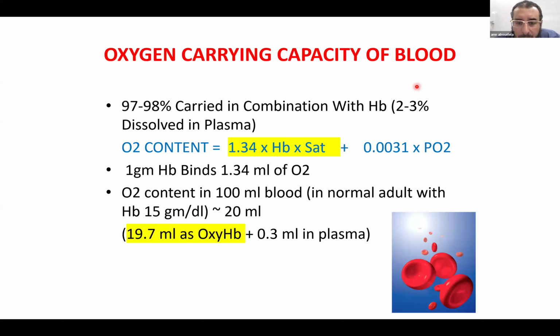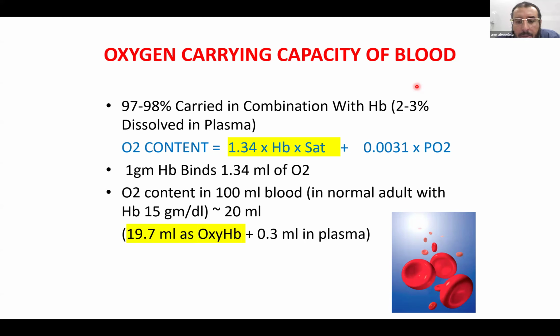So if the hemoglobin is totally saturated, 100% saturated, and we are considering a normal person with a hemoglobin of 15 gram per deciliter, it means that the content in a deciliter, which is 100 ml of blood, will be equal to around 20 ml of oxygen based on this equation.